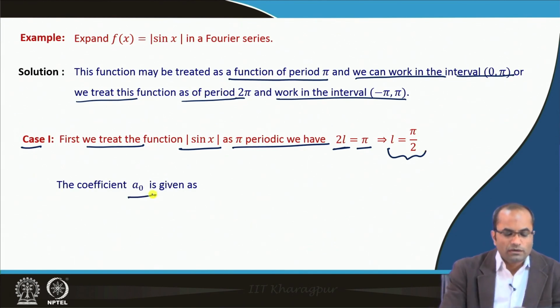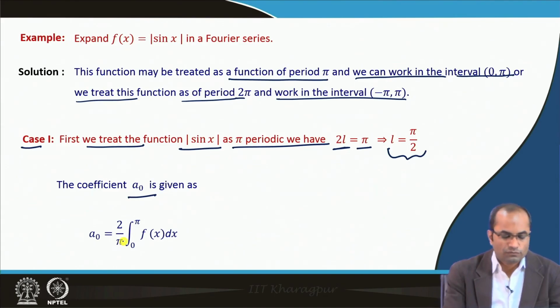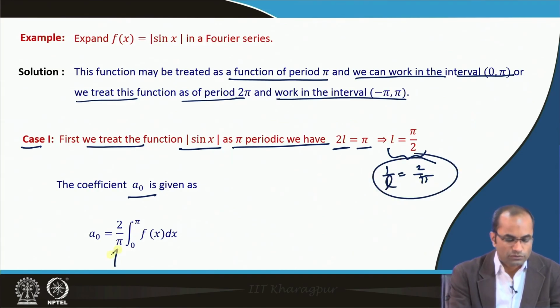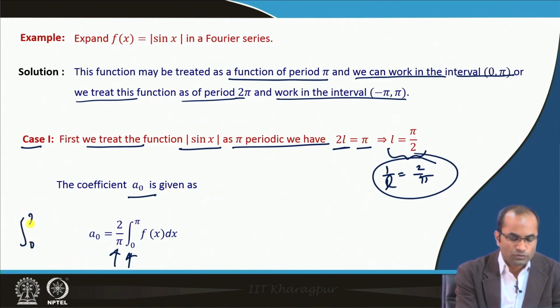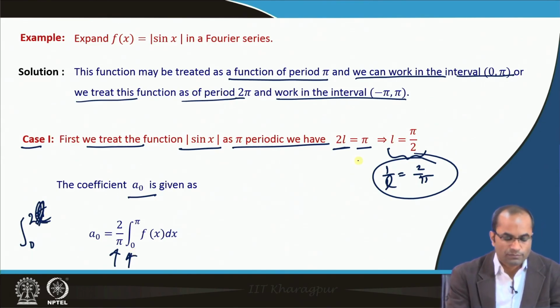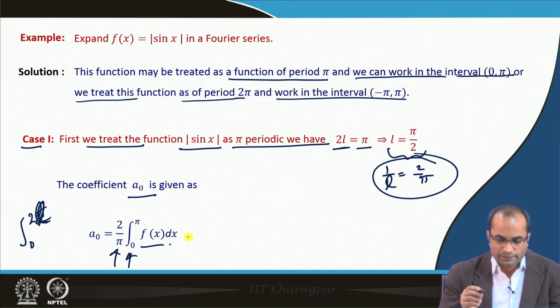The coefficient a naught, as per the definition, has 1 over L, which will become 2 over pi, and then we integrate from 0 to 2L or from minus L to L. In this case we are taking 0 to 2L. So, 2L is pi, so 0 to pi f x dx.